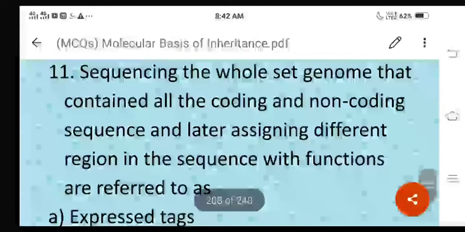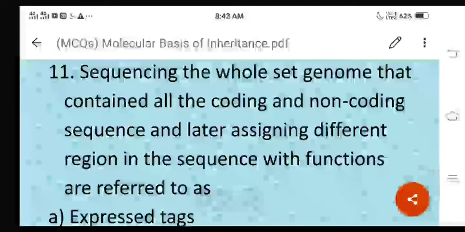Then question number 11. Sequencing the whole set of genome that contained all the coding and non-coding sequence, and later assigning different regions in the sequence with functions, is referred to as.